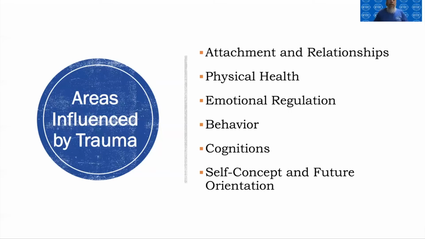So, some areas that are influenced by trauma are attachment and relationships. A child that has been through a traumatic experience may lose faith in the world as being a safe place and may no longer trust that people are there to protect them or to care for them. Trauma also impacts physical health.